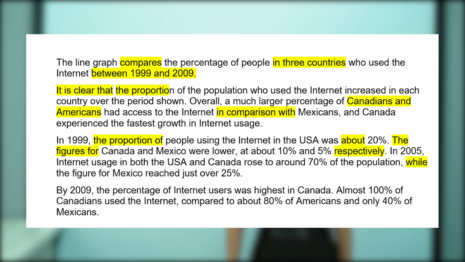Next one is "the figures for". I also like this phrase because we cannot say all the time "Canada, Canada". It is better to say "the figures". Then, the respectively structure. Respectively means in the second sentence you are given two countries and also two percentages.